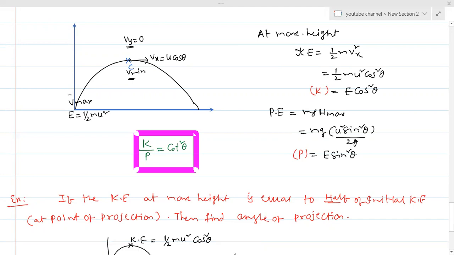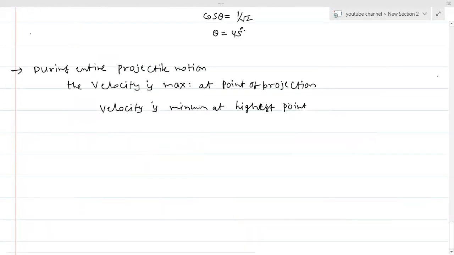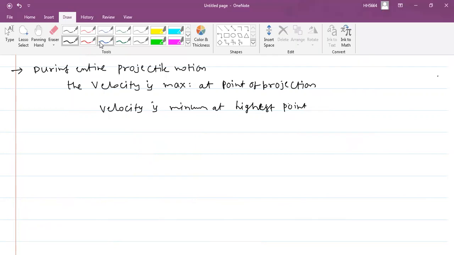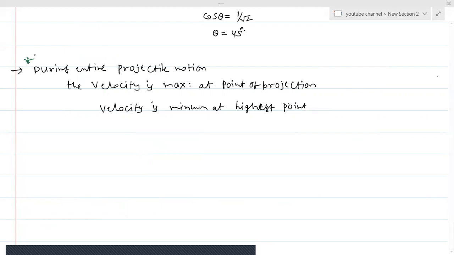At all the remaining points, we definitely have some non-zero value of Vy. These are very important points. During the entire projectile motion, the velocity is maximum at the point of projection and minimum at the highest point.